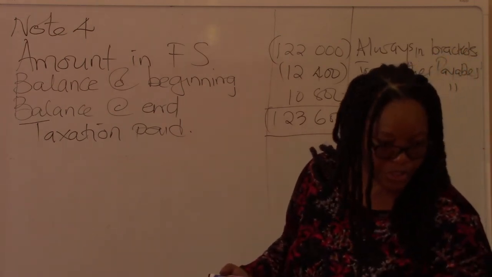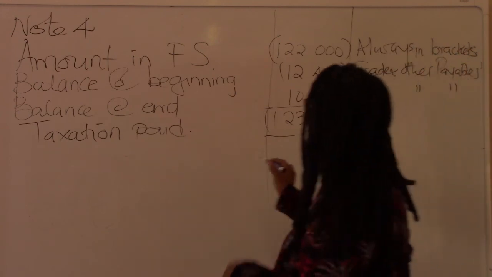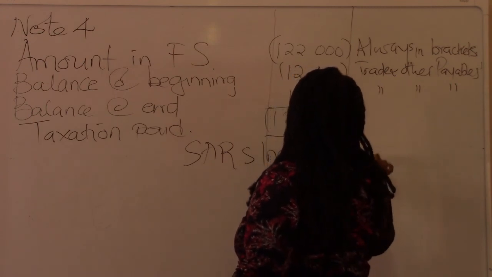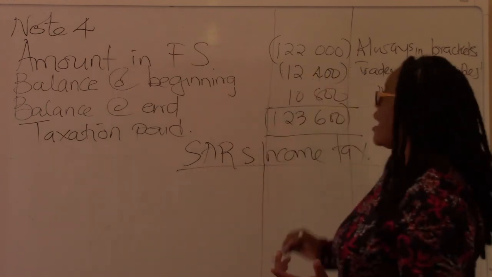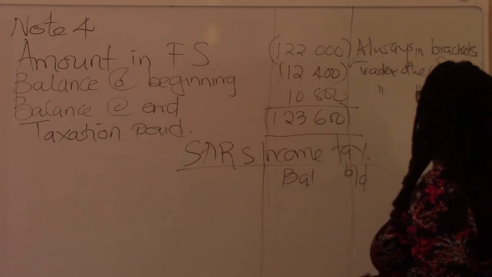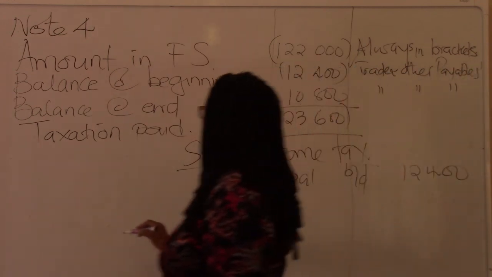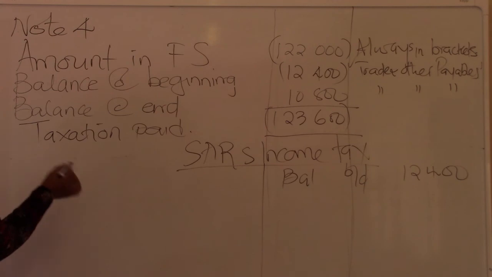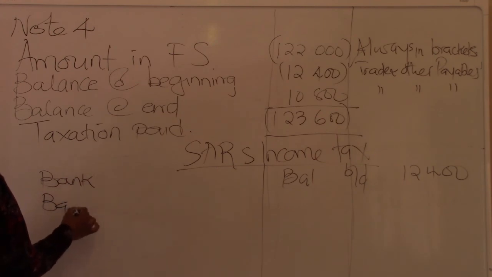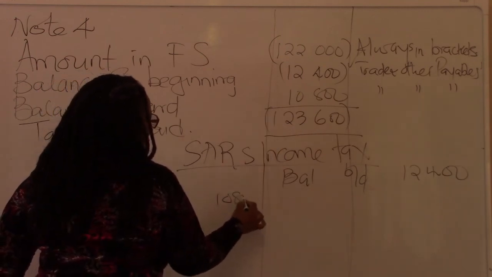I can also use the SARS income tax account, the ledger account. We have a negative, a credit balance. So we're going to say balance BD at the beginning of the accounting period, 12,400. And then we're going to have the closing balance, which is also a liability balance. I'm going to have my bank here. Then we're going to have balance carried down of 10,800.